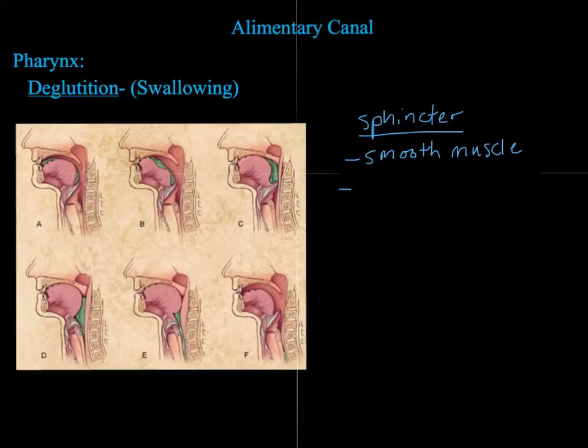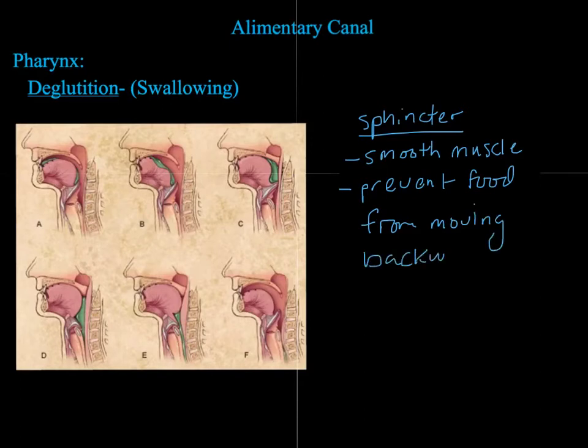And the function of a sphincter is to prevent food from moving backwards. So as food enters a passageway, the sphincter relaxes, and as soon as that food passes the sphincter contracts, not allowing food to move backwards.